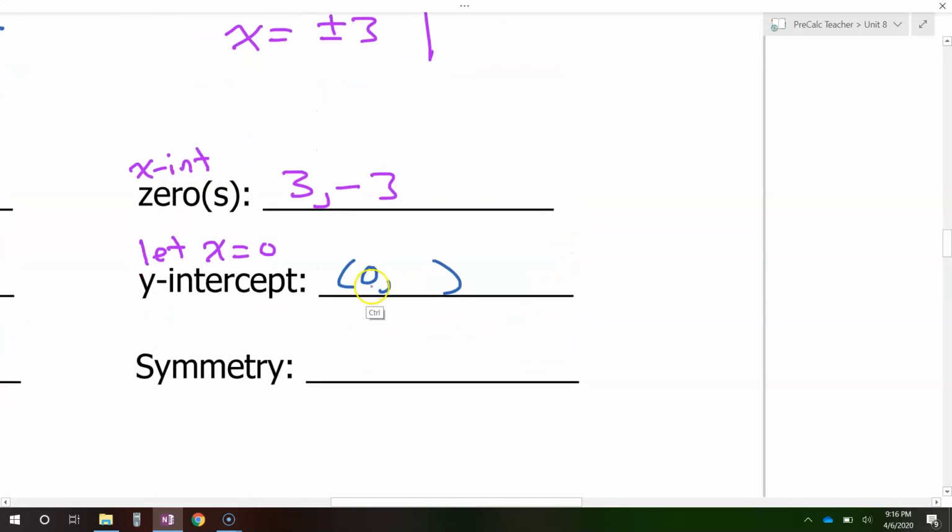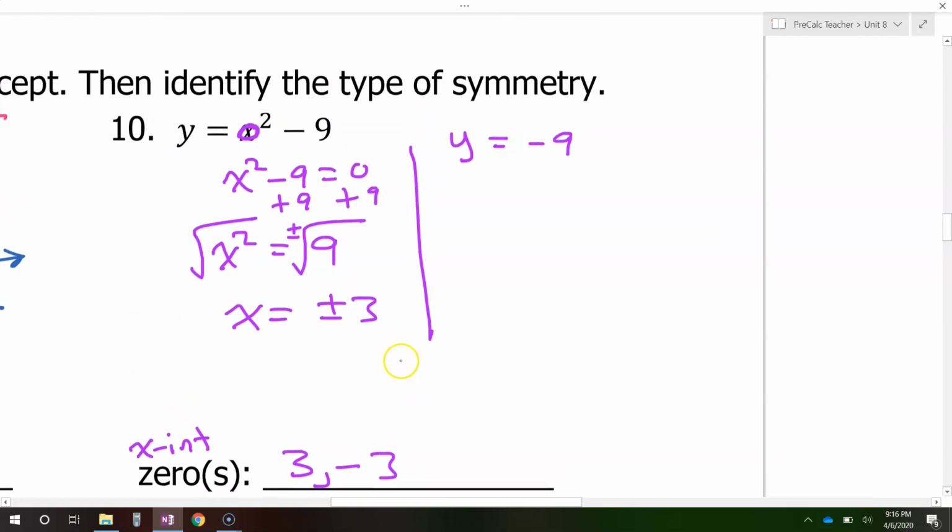So the y-intercept will be (0, -9). Make sure it's an ordered pair, not just a number. If you just put negative 9 without (0, -9), you're losing a half a point, or you're losing something. Now, what about the symmetry?